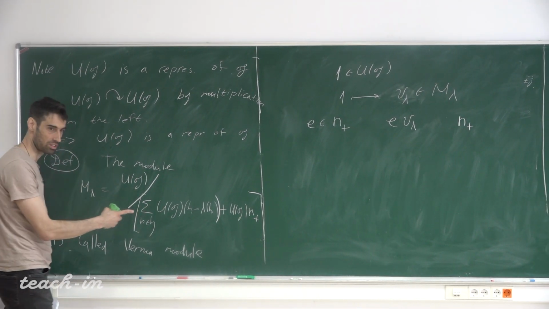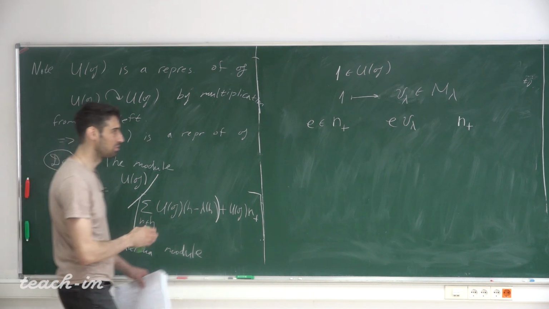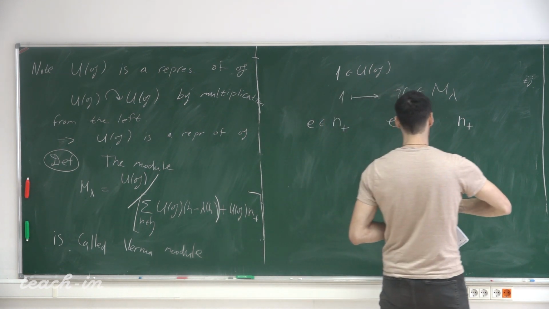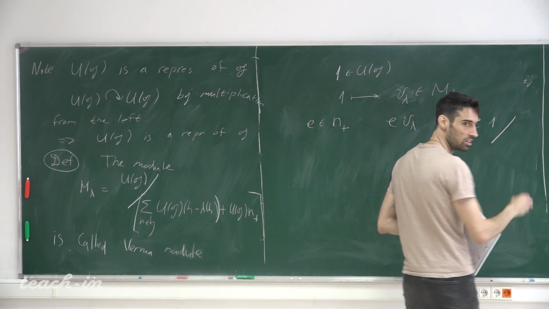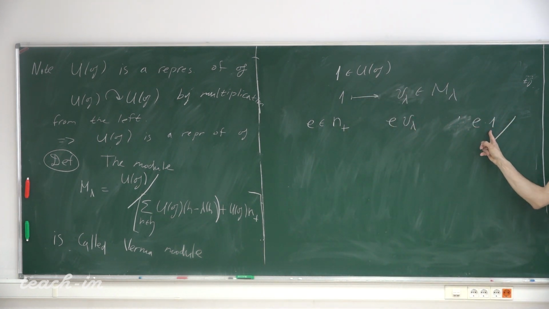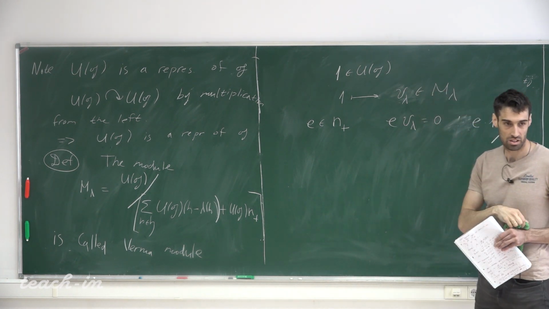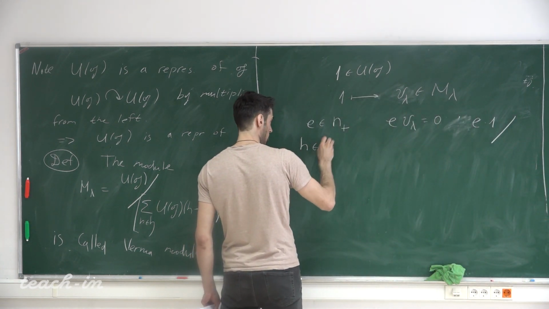How do I act on a quotient? I act on any representative and then take the quotient. The representative of v lambda was 1. So I take E, apply it to 1, and then take the quotient. But E is inside n plus, so when I take the quotient, I just kill this. Therefore, this is just 0. This is for any element in n plus. Now let me take some h from the Cartan.